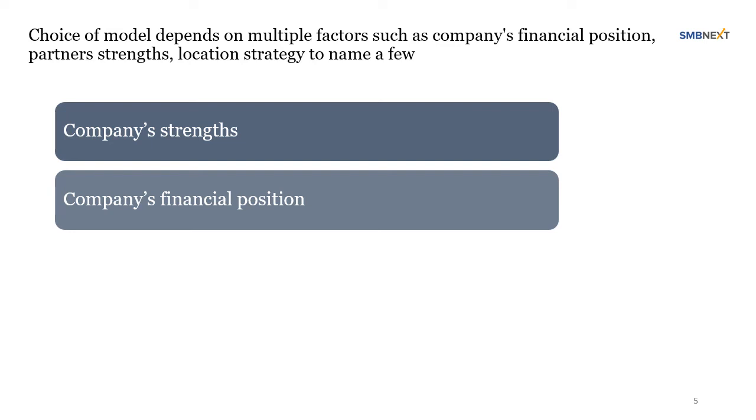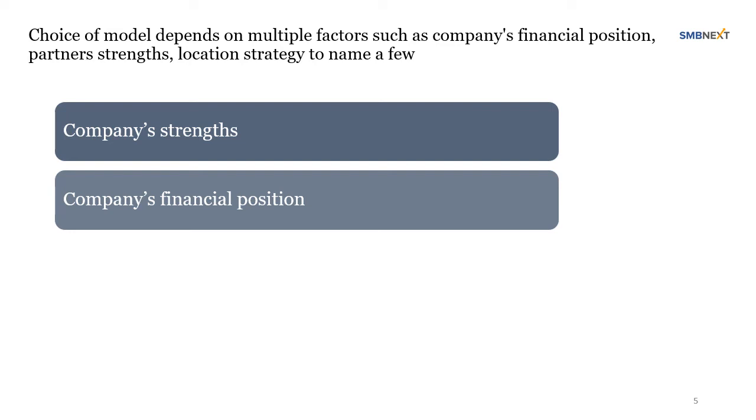The second aspect is the company's financial position. If you have a cash crunch, or if cash flow is a problem and you have limited money to invest, then you may not want to open your own store, obviously, because opening a store is a big investment. You may want to opt for a FOCO model or a FOFO model, because that will be lighter on your pockets, and that way you're getting a business partner to invest in your business.